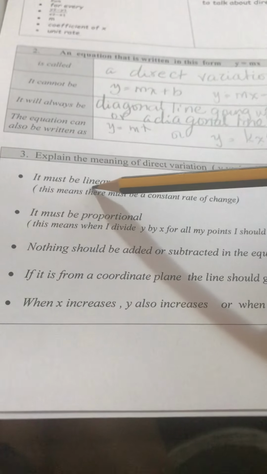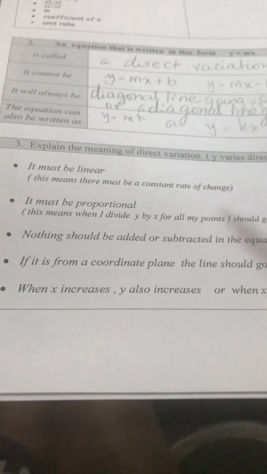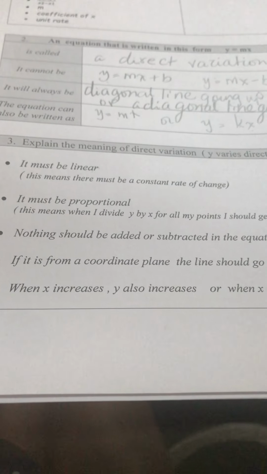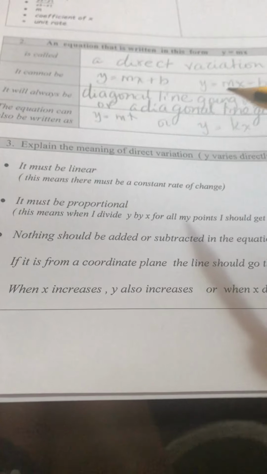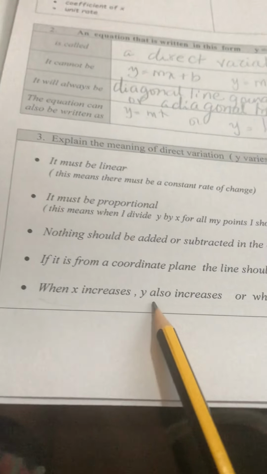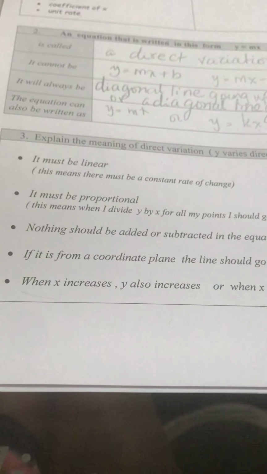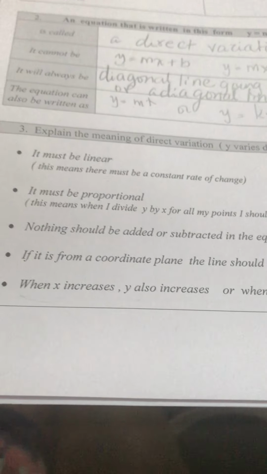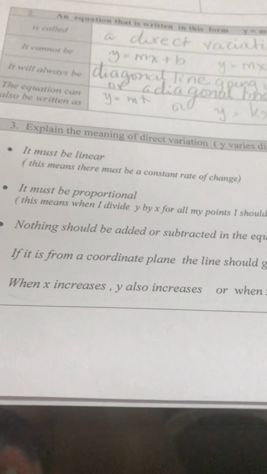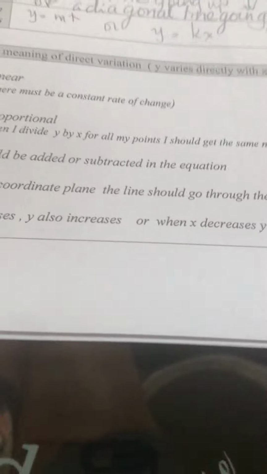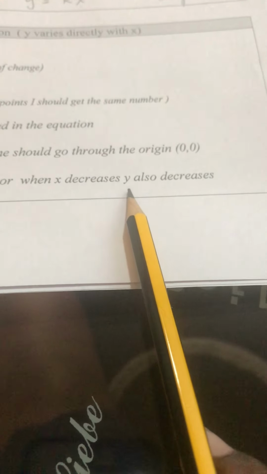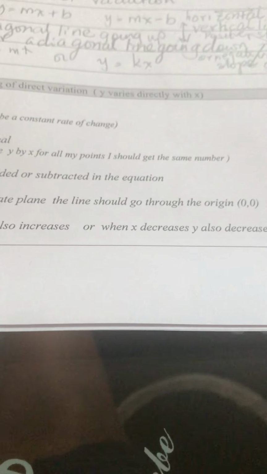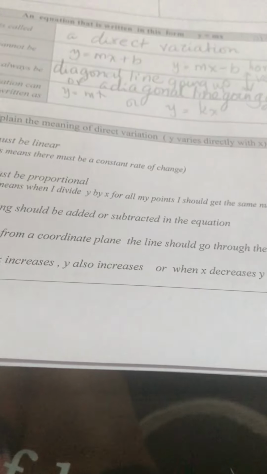That means there must be a constant rate of change. That means when x is increasing, y is also increasing with the same value, or when x is decreasing, y is also decreasing with the same value each time.